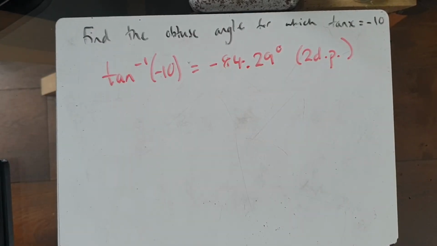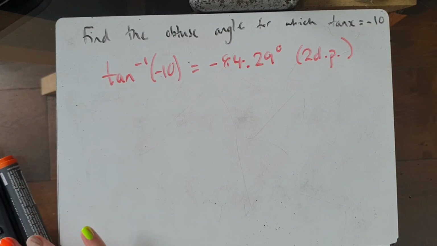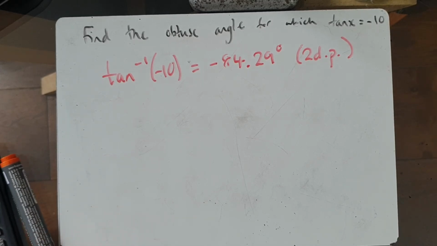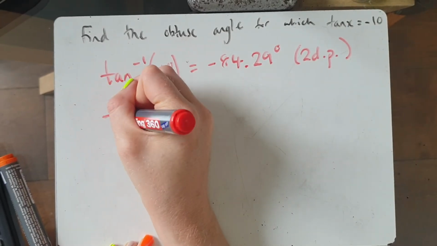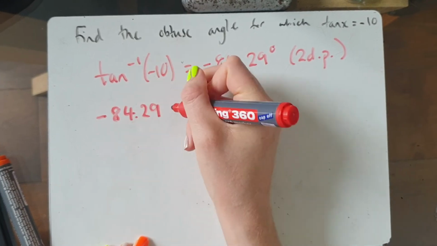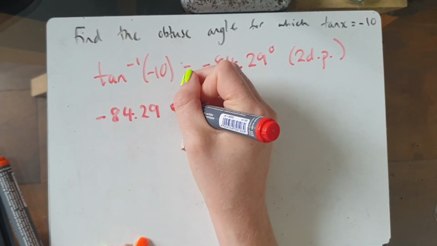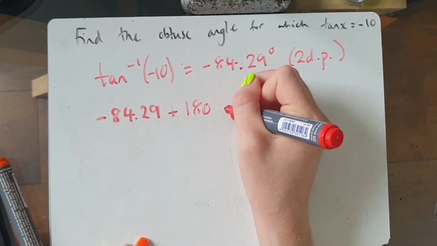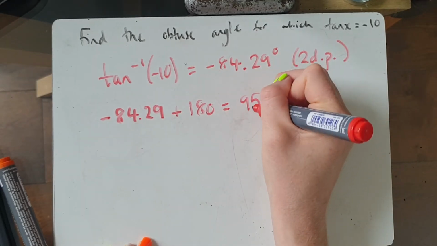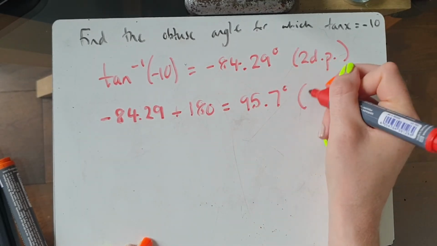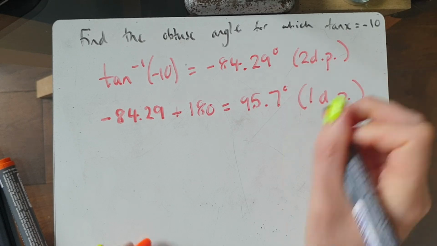So we'll take our 84.29, which is negative, and add 180. So we'll do -84.29, sorry, it's early, plus 180 equals 95.7 degrees to 1 decimal place.